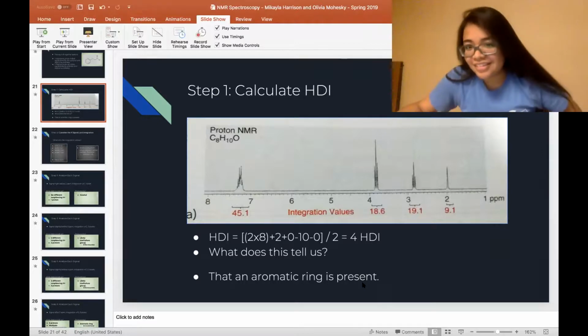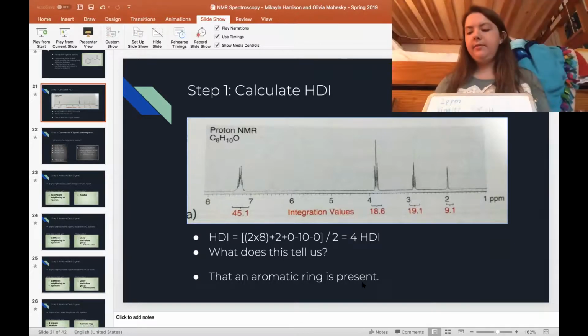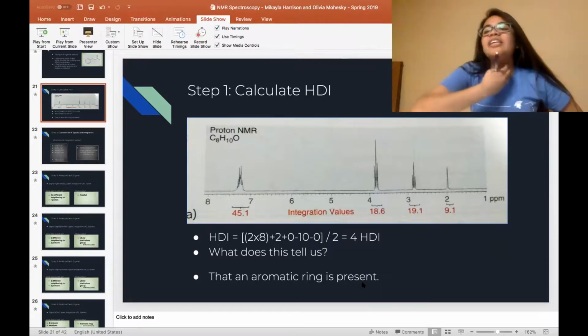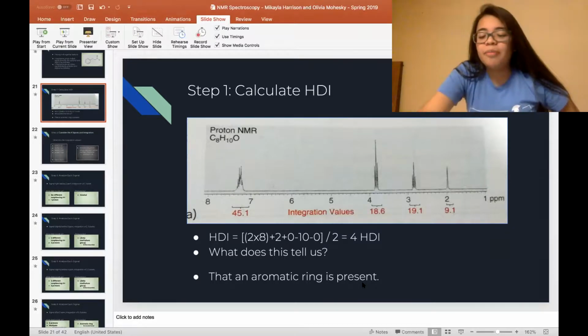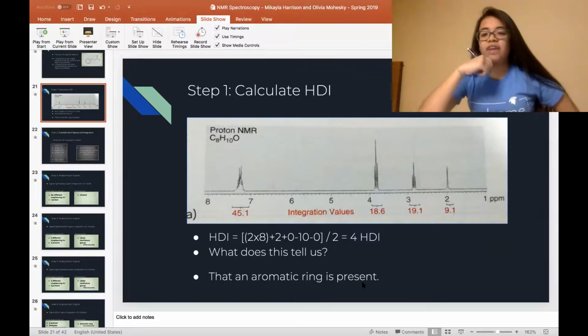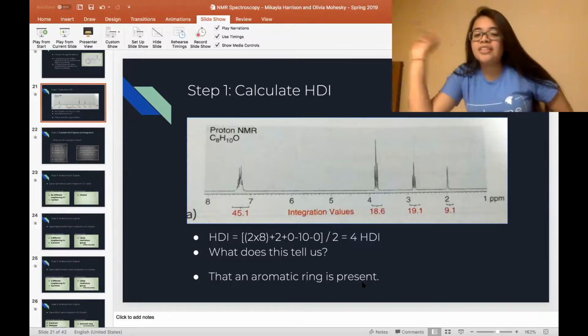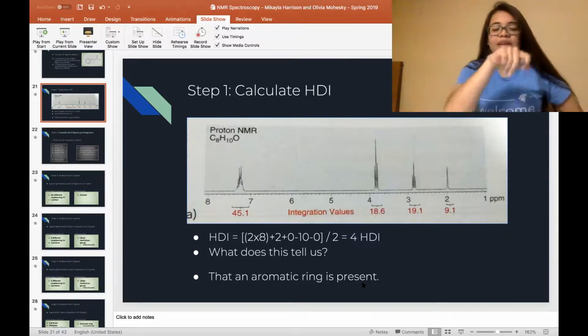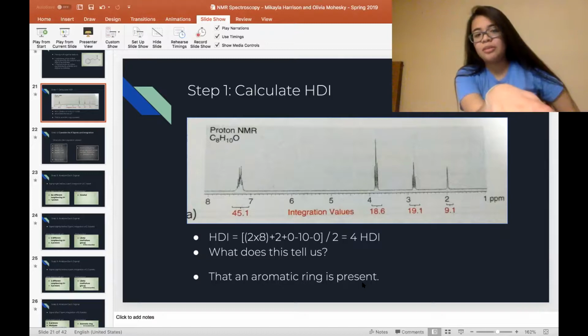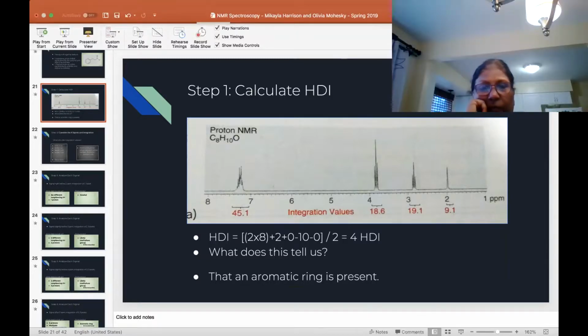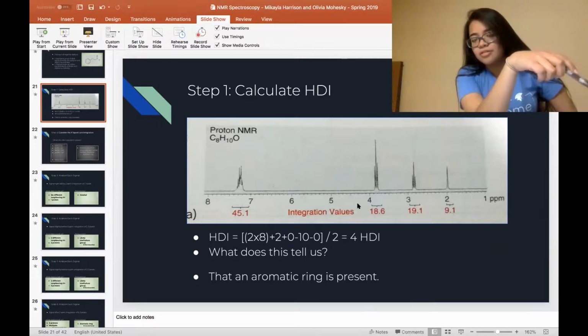Somebody was saying that whenever you add up all the integration values, like the ratio, the 1 to 2 to 2 to 5, whatever, you get the 10, which is how many hydrogens you have according to the molecular formula. So if you add that up and you don't get that number, then is it wrong?